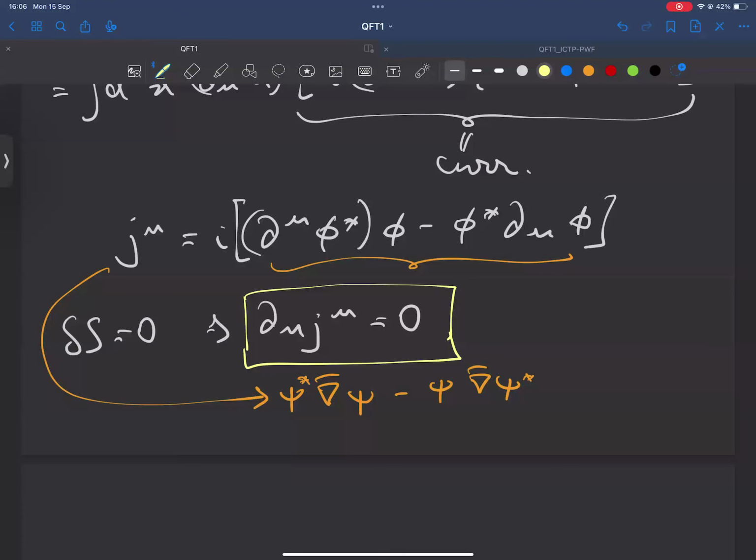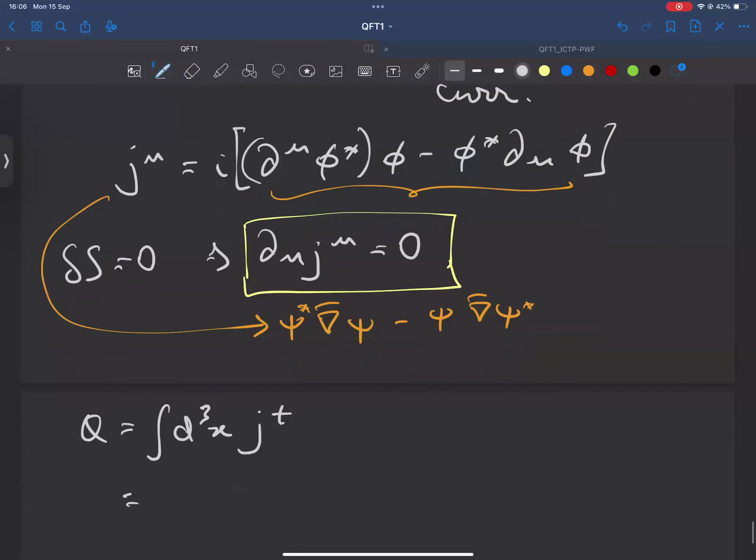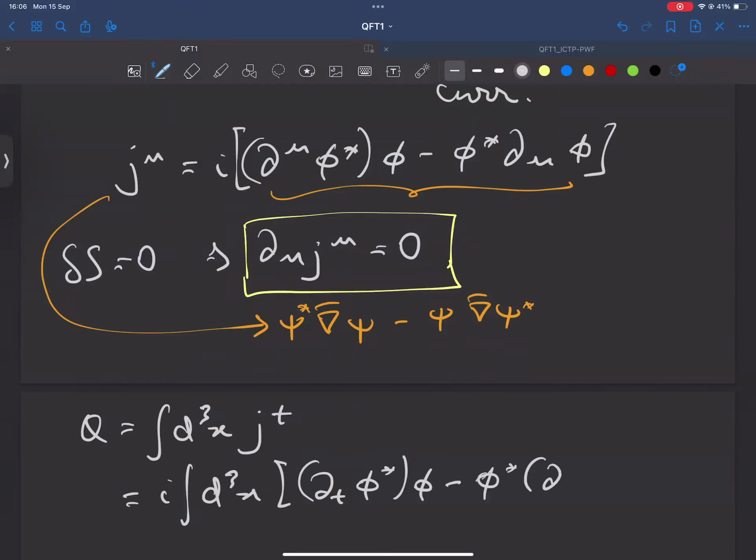so this quantity is conserved, and we can construct the charge from it, which is just the three-dimensional volume integration of this J^t, and that gives us this quantity, phi star phi minus phi star del t phi.